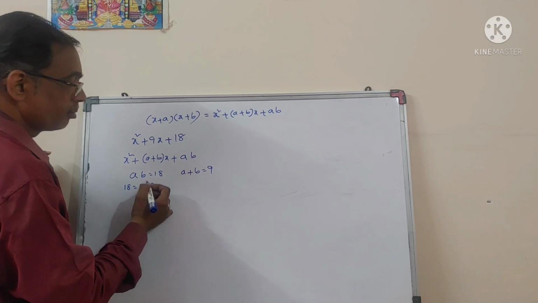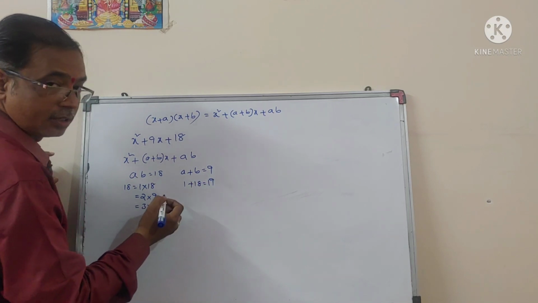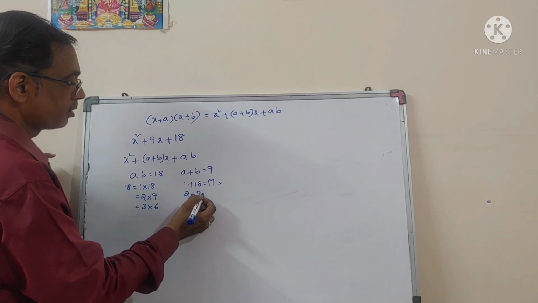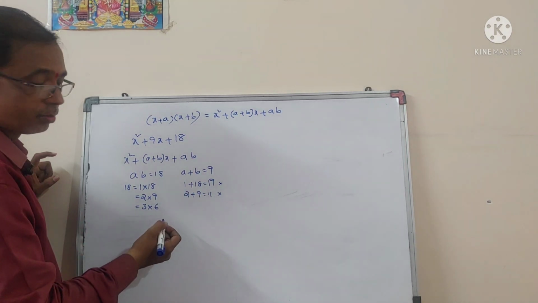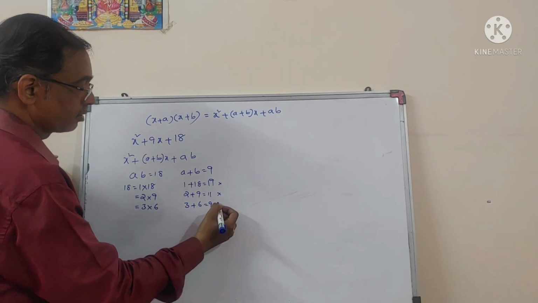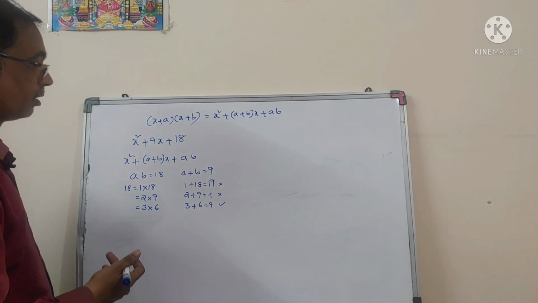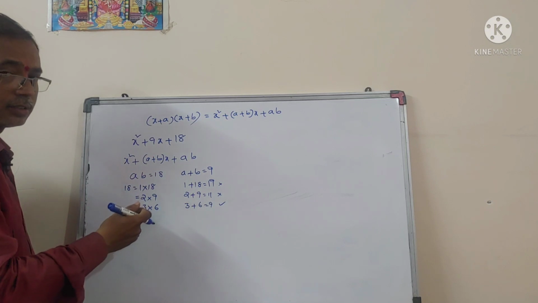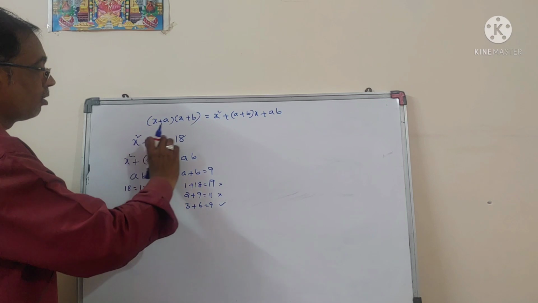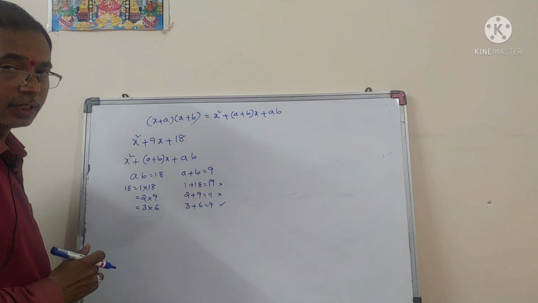Here let us take a as 1, b as 18, then add them. 1 plus 18, 19, which is not equal to 9, and then 2 plus 9, 11, again which is not equal to 9. Here we get 3 plus 6 is equal to 9. So you can also consider minus 1, minus 18, minus 2, minus 9, minus 3, minus 6, but here we have all plus symbols, so no need to verify the negative integers.